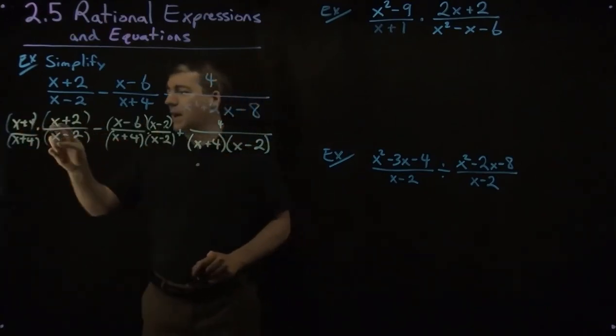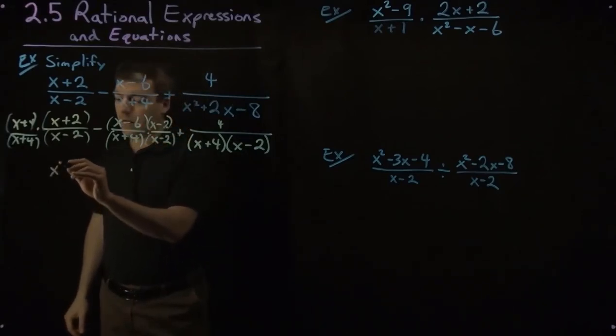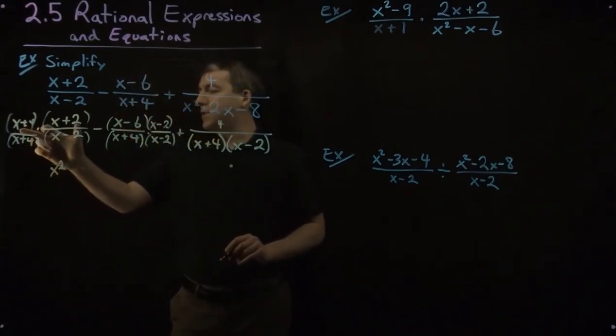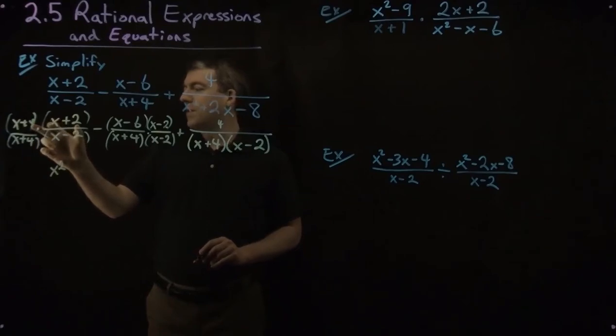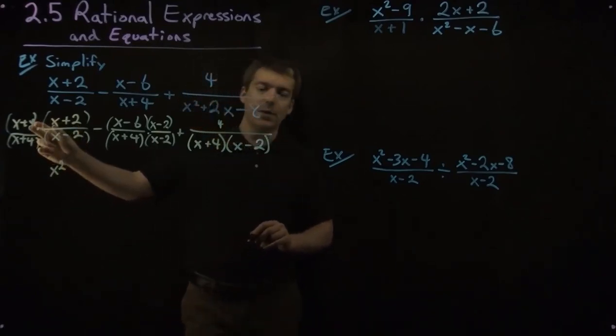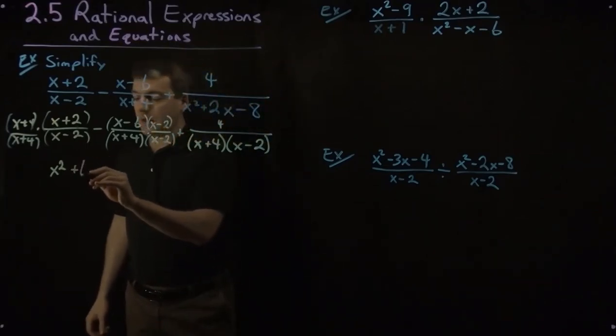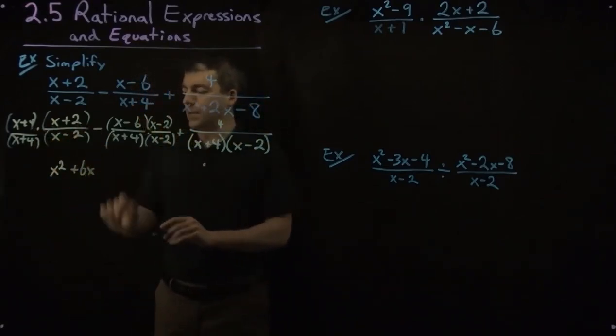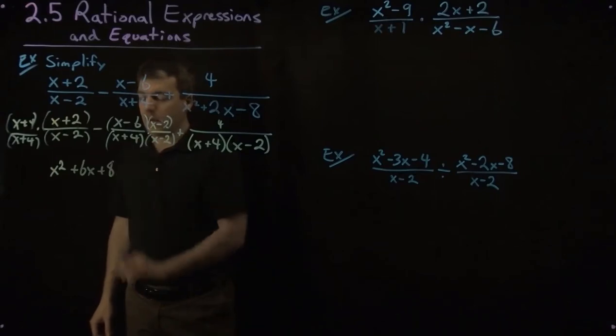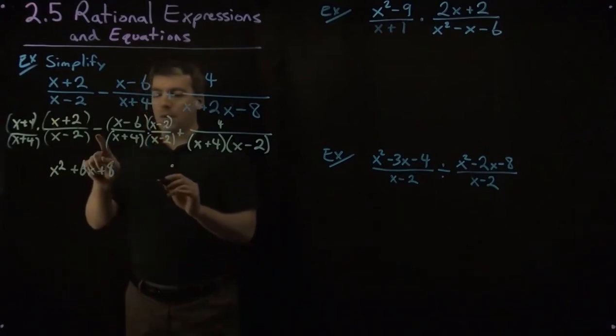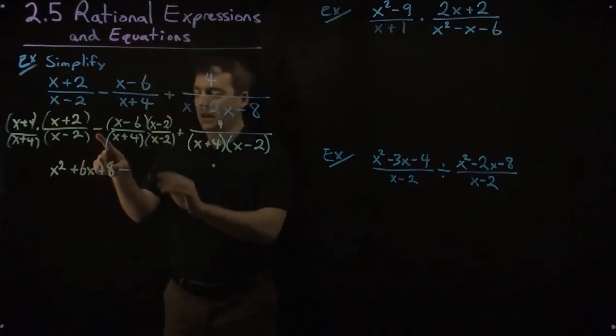So we have x times x is x squared. X times 2 is 2x. 4 times x is 4x. So 2x and 4x is 6x. And then 4 times 2 is 8. Okay, here we have minus.